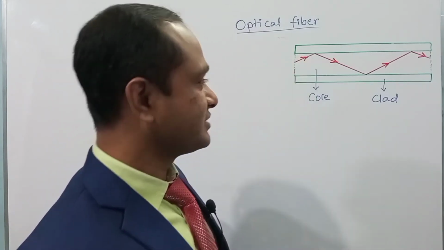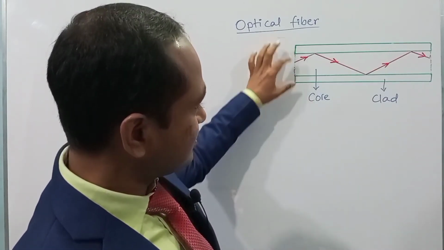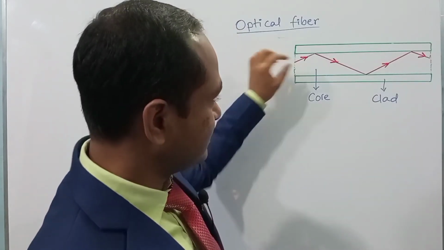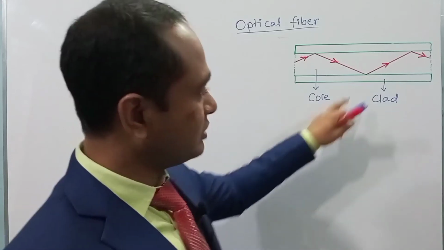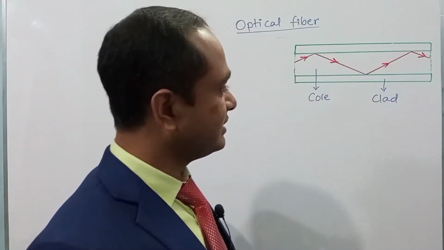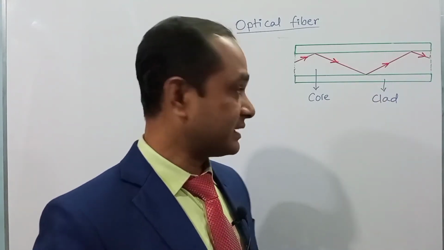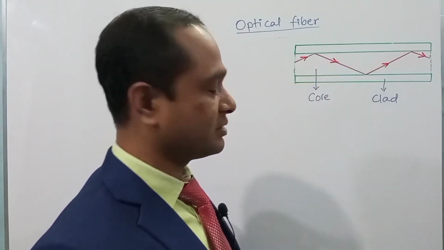This is a flexible thin glass, and it is coated with a special type of material whose refractive index is less than the refractive index of the glass. So the inner part of the optical fiber is called the core, and the outer part, that is the coating of the optical fiber, is called the clad. In that case, the refractive index of the clad must be smaller than the refractive index of the core.